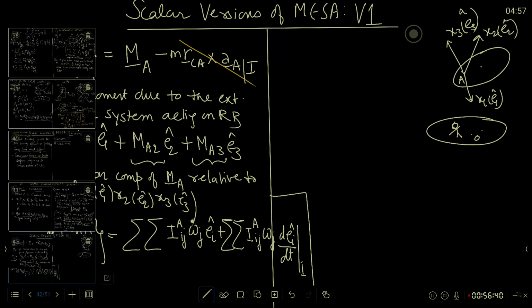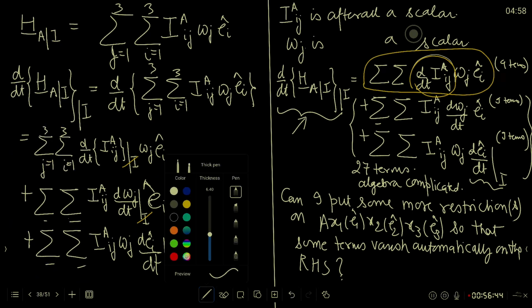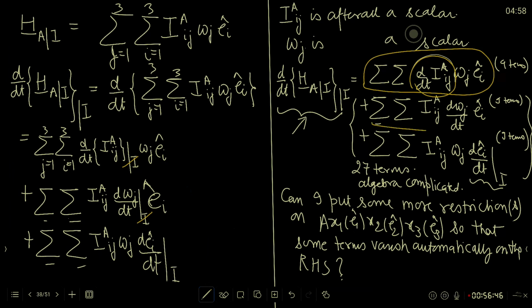Right, double summation I_AIJ dω_j/dt, and I am just writing that as ω_j dot, saving some time and effort. We have used this notation earlier also, rate of change ω_j dot. Mind you, this is a scalar. Okay, that's the first group of 9 terms.